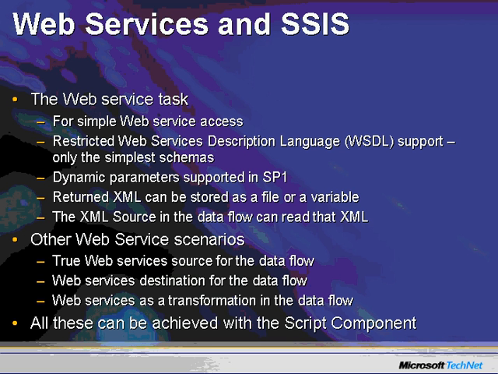And the web service task in integration services is really for simple web services access. It simply goes to a web service and passes some parameters to the web service method, and then returns data from that web service, which will be in the form of an XML document that comes back from the web service.